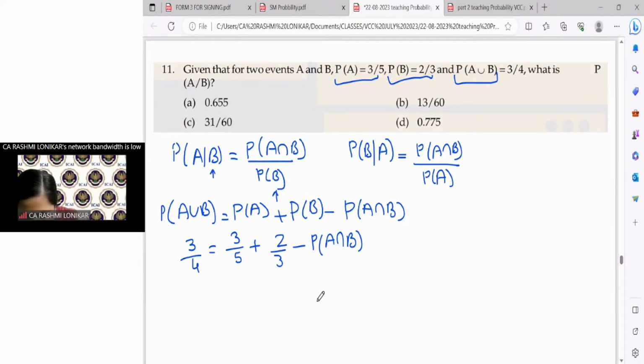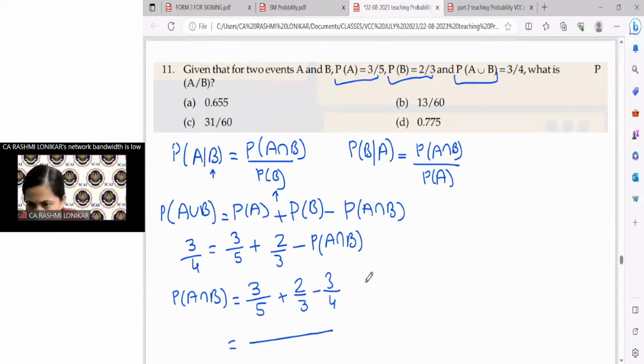Can you put it in the chat box? Yes, very good.